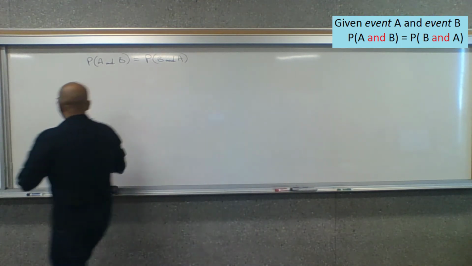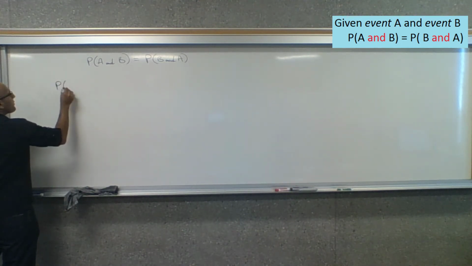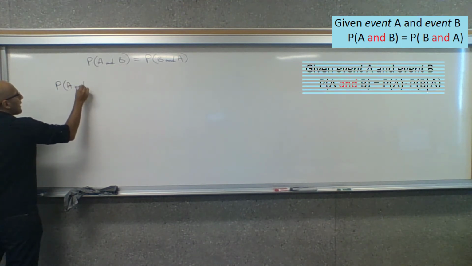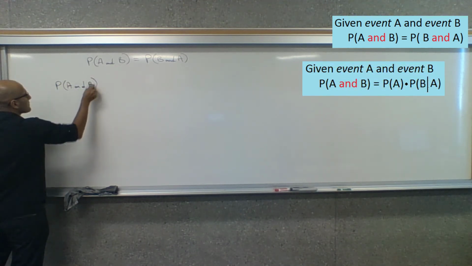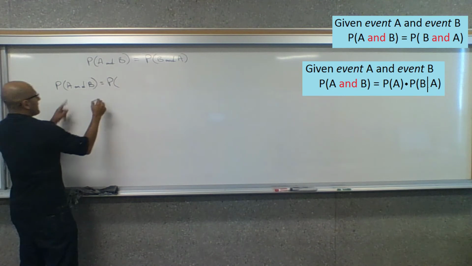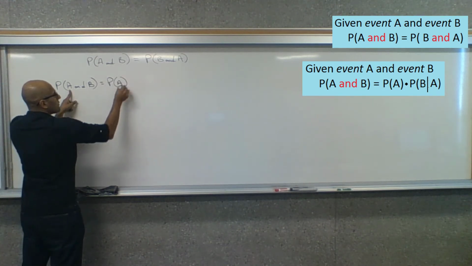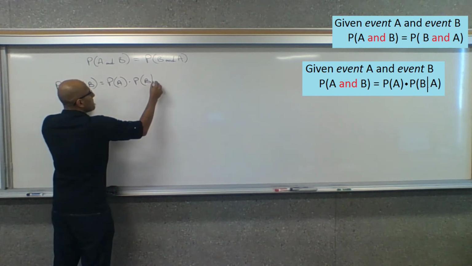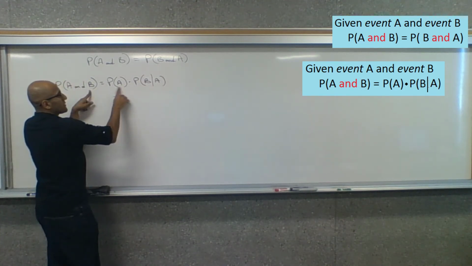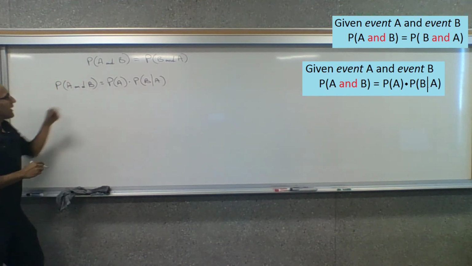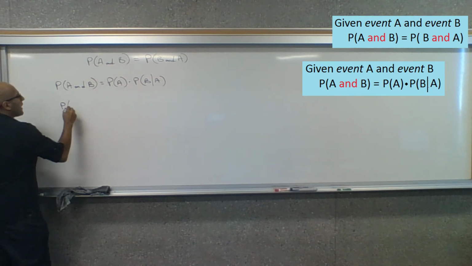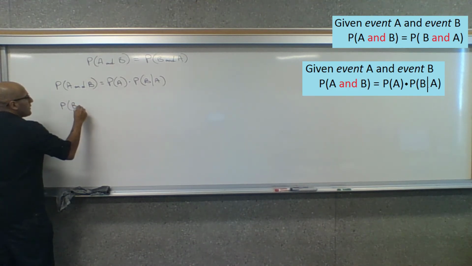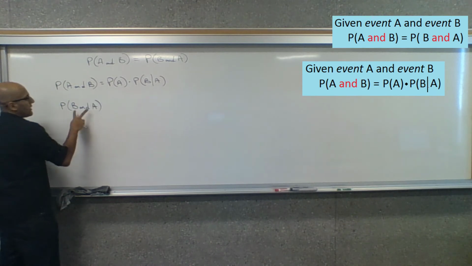Okay? So now we also have that if we have the probability of A and B, that's equal to the probability that A occurs times the probability that B occurs given that A has occurred, right? Because we said it's right there. And also we have the probability of B and A happening.